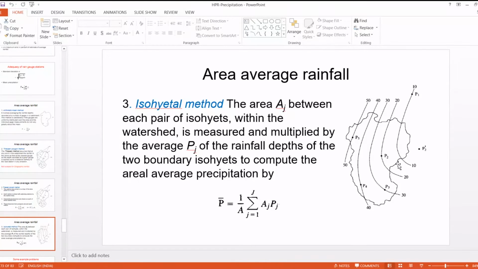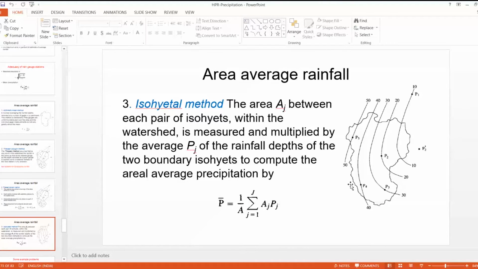Okay, so within this area, the average rainfall is the average of these two isohyets. But to calculate the average rainfall of this entire catchment, we have to use this formula: P bar is equal to 1 by A of the summation from j equal to 1 to J of Aj Pj. So this Aj by A is a weighting factor.